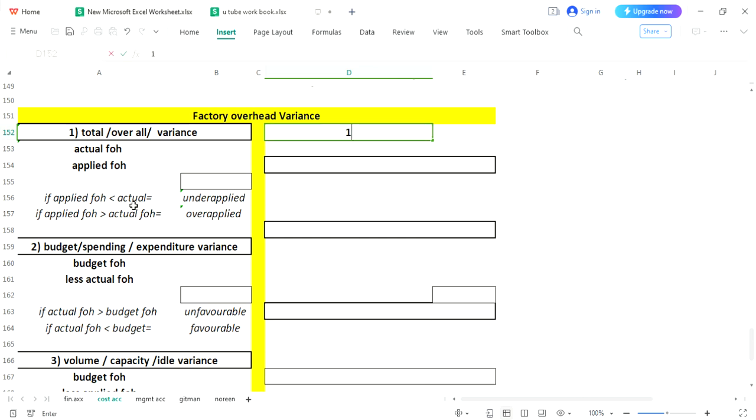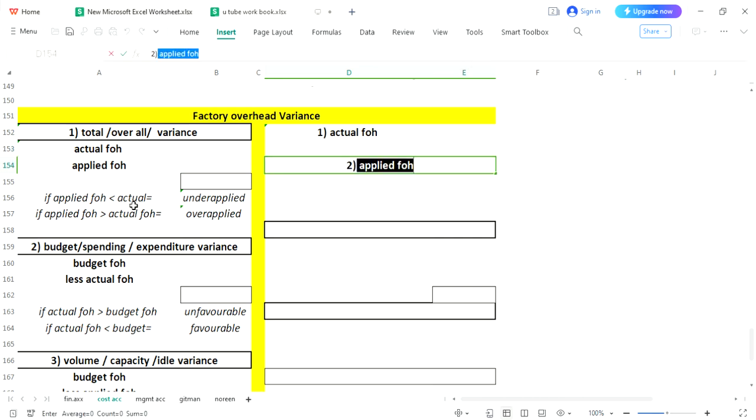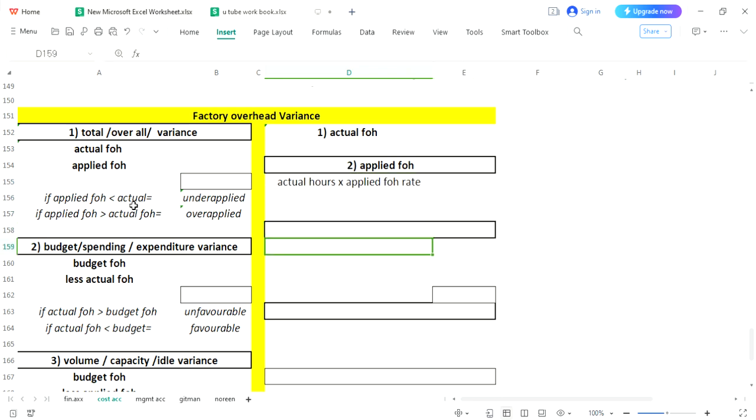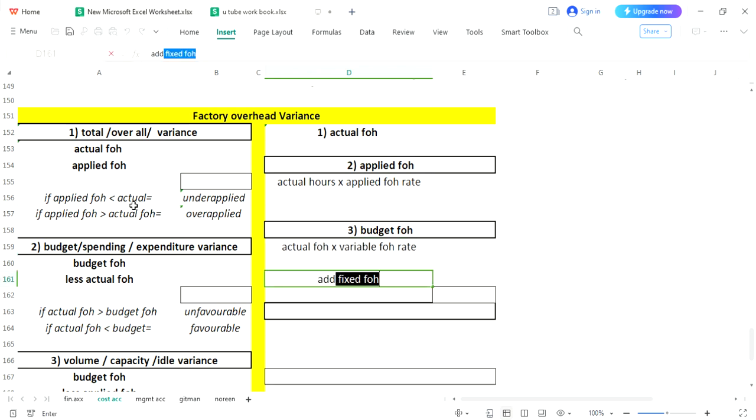First is actual FH, it would be given in your book. Second, you need to calculate your applied FH with a single line formula. You need to have actual hours and you will multiply it with the applied FH rate. Then third is to calculate budget FH, a two line formula: actual hours multiplied by variable FH rate, and then you will add fixed FH.